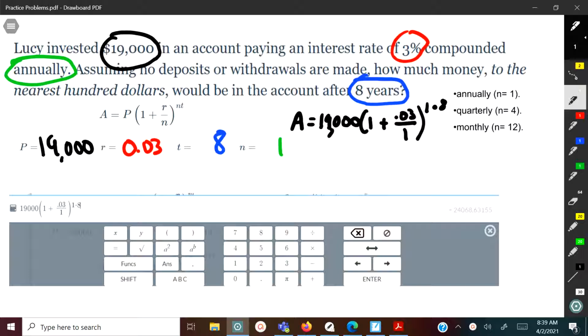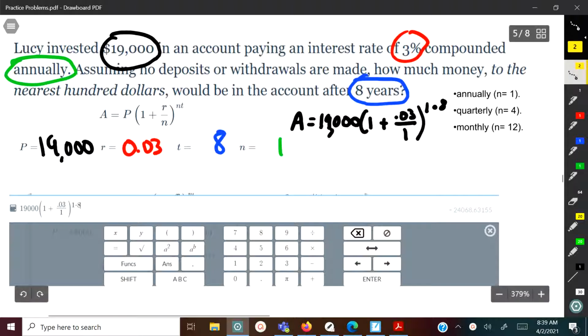Alright, once you do that, there's no algebra to solve anything. You just type it in the calculator here. And down here, I've got the Delta Math calculator laying right here. Okay? And just showing you how to type it in. You got the 19,000. You're going to hit the parentheses right here. You're going to hit plus. When you hit the 0.03, you're going to hit divide.